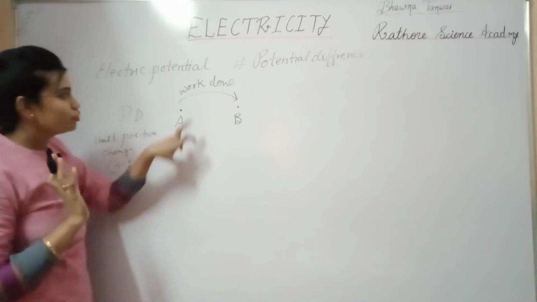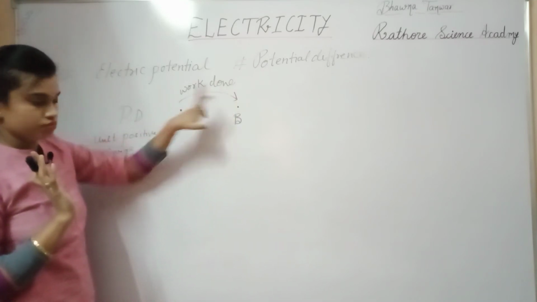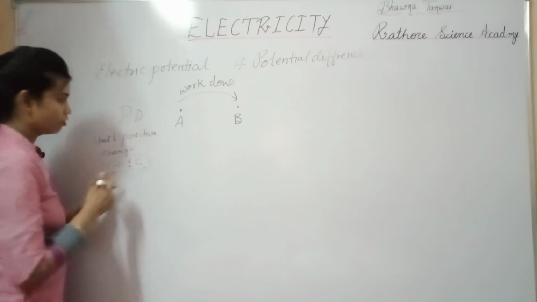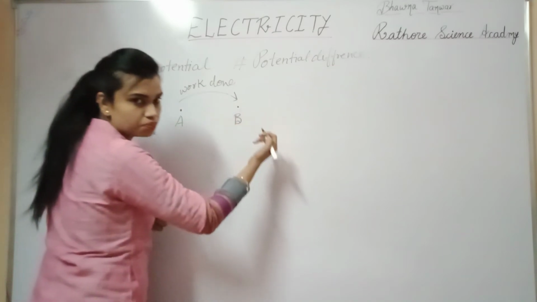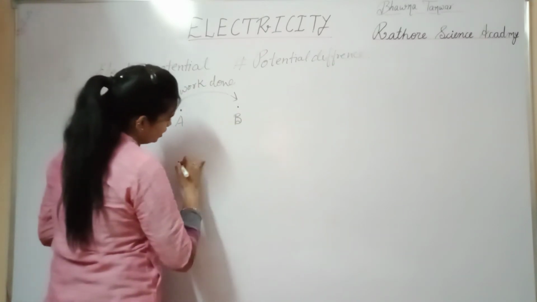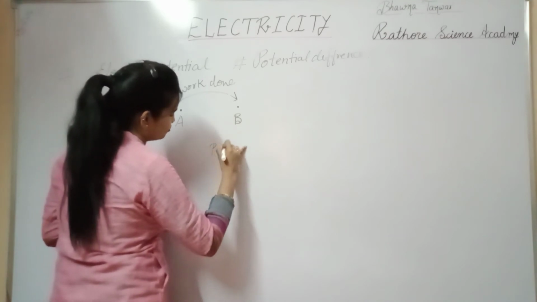The amount of work done to send a unit positive charge from a point to another point is known as potential difference.